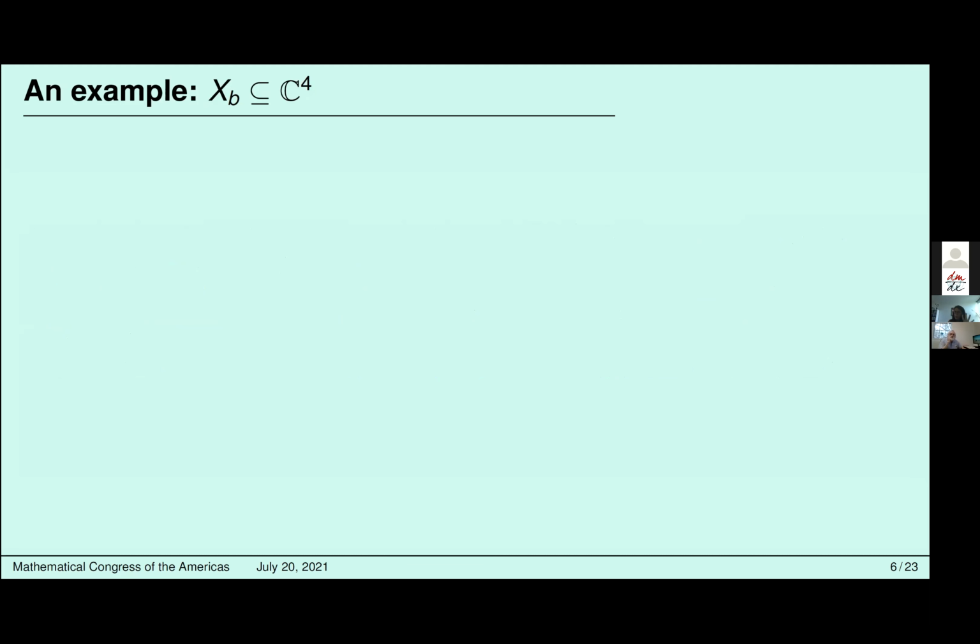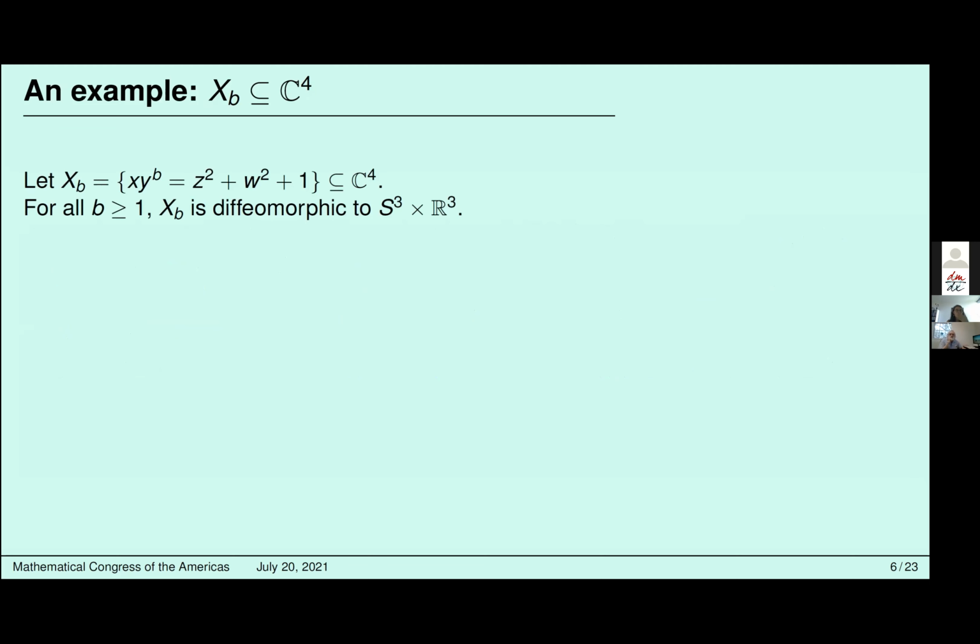Okay, so now I want to talk about a different example that's a bit more symplectic. I'm going to be talking about a class of hypersurfaces in C4. Given any positive integer b, I'm going to define the manifold Xb to be the complex hypersurface cut out by this polynomial equation.